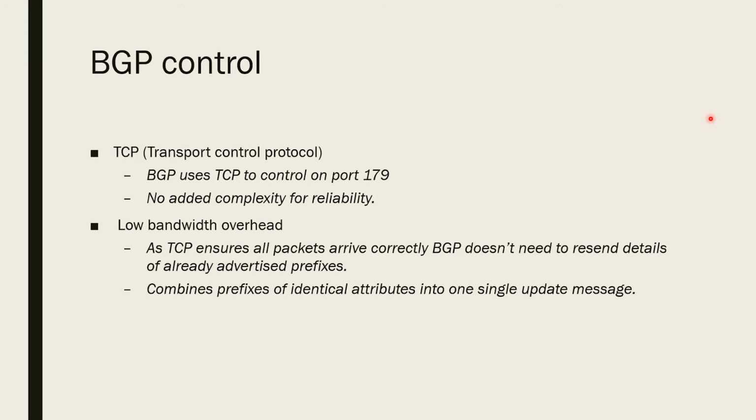So yeah, that's why we have TCP there, to control that flow of information and make sure that what we send is actually there. And that comes into the protocol itself. Because we don't refresh and because we use TCP, we can assume whatever is sent is received and understood. So BGP doesn't need to resend details all the time of advertised prefixes.